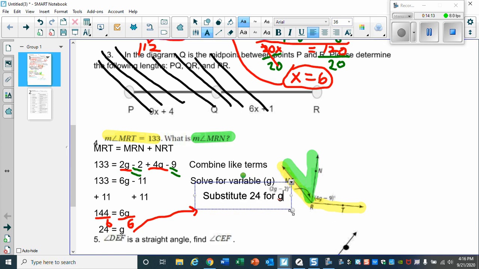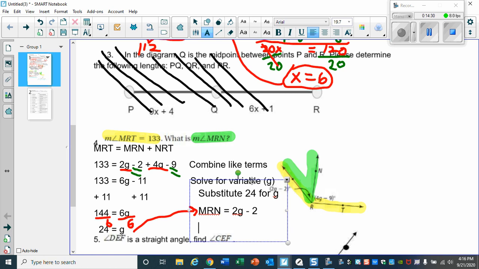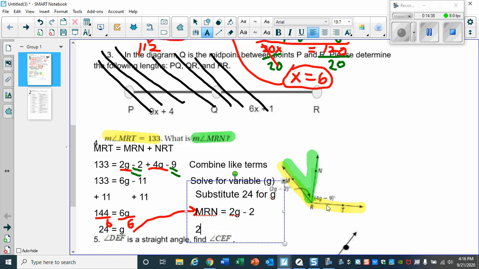And it's only going to be in one case. Remember, MRN, we're going to look for MRN equals 2 times G minus 2, which in the end is 2 times 24 minus 2.